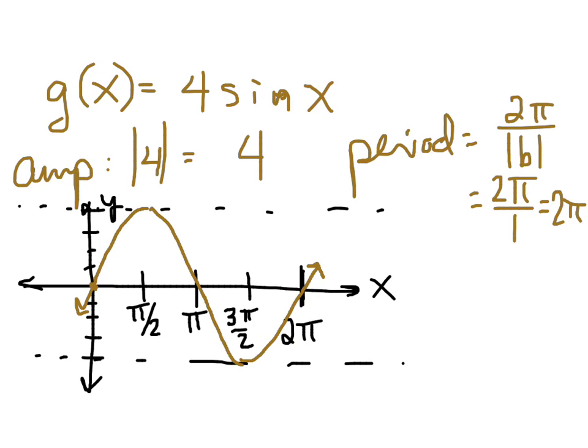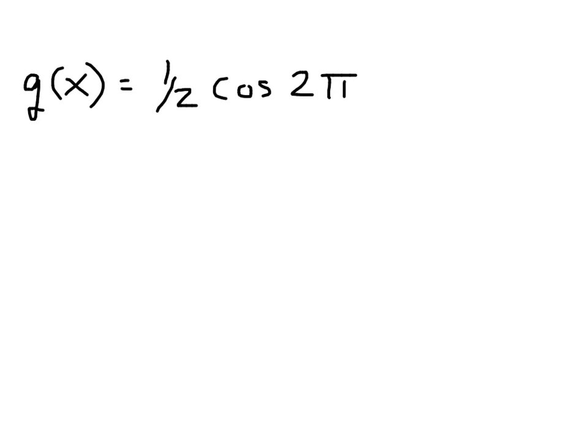Now, on the alternative, cosine curve: one half cosine 2 pi. To find the amp and the period for cosine and sine, it's the same formula.